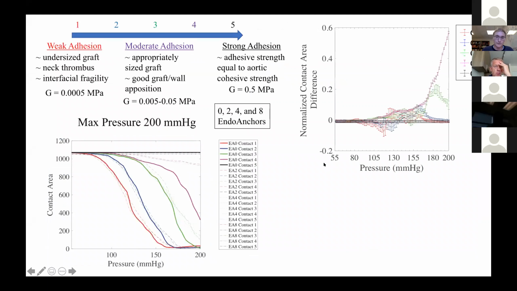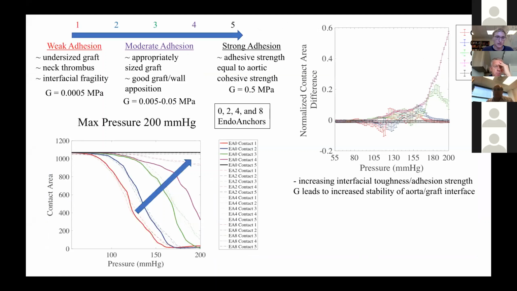I'll kind of move through these. This was just more simulation work, which shows that the addition of these endo anchors, which is what the screws are, makes very little difference in the stability of the contact area within the context of the cohesive zone model.